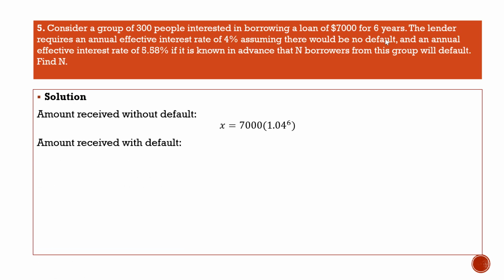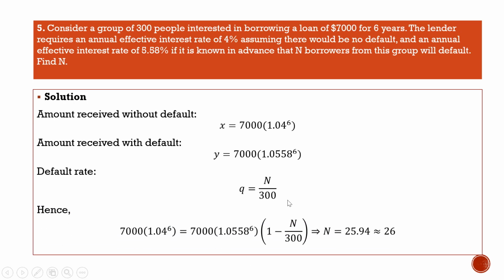The amount received with default is Y equal to 7,000 times 1.0558 to the 6, because the effective interest rate with default is 5.58%. And the default rate is Q equal to N over 300, the number of people who will default over the total number of people.